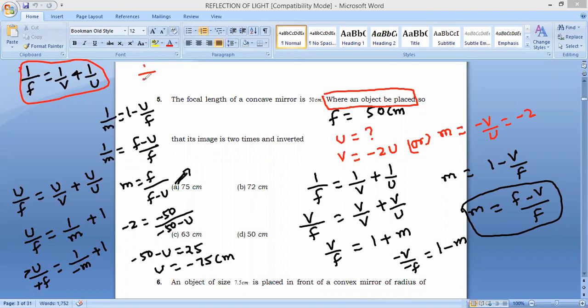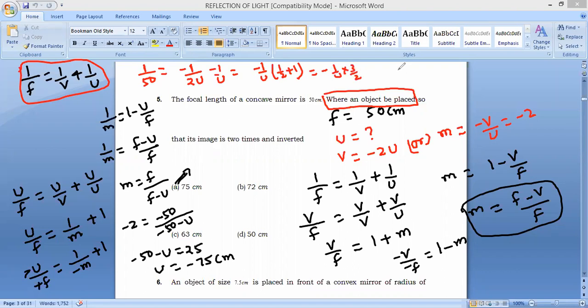So 1 by 50 is equal to minus 1 by 2u minus 1 by u. That is minus 1 by u, take common, half plus 1, 3 by 2. So minus 1 by u into 3 by 2.